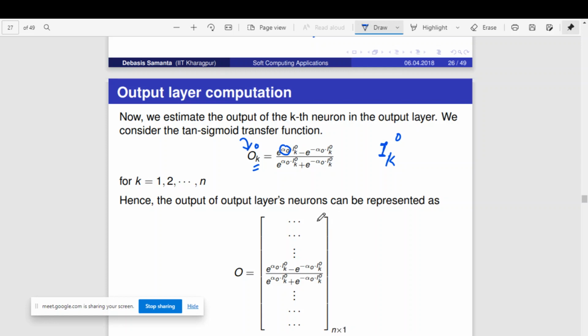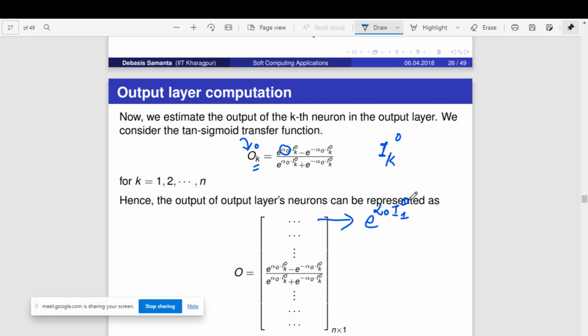So what will be the output of the first neuron? Alpha naught into I1^O. What does this I1^O represent? No, we are calculating the output only, and the output depends on the input.